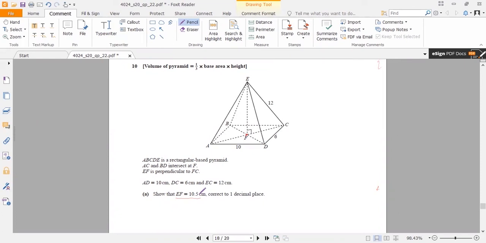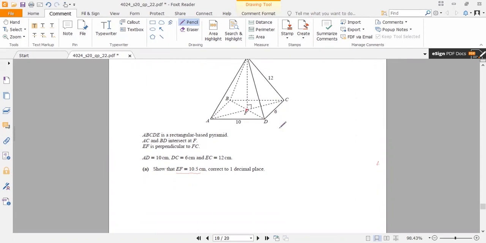Firstly, we need to find the length EF. But for this we have to find the length of AC. So we can consider the triangle ACD. The lengths are 10 and 6.